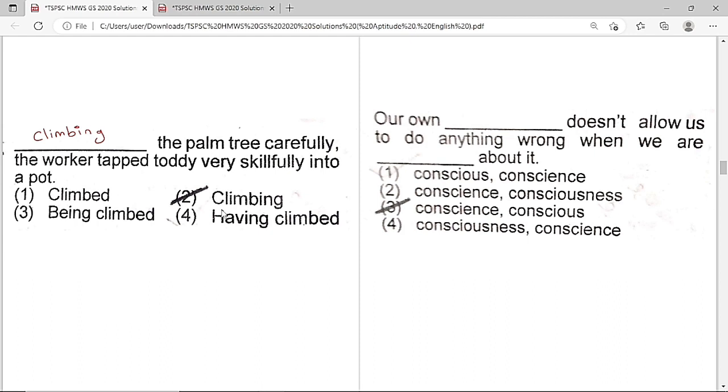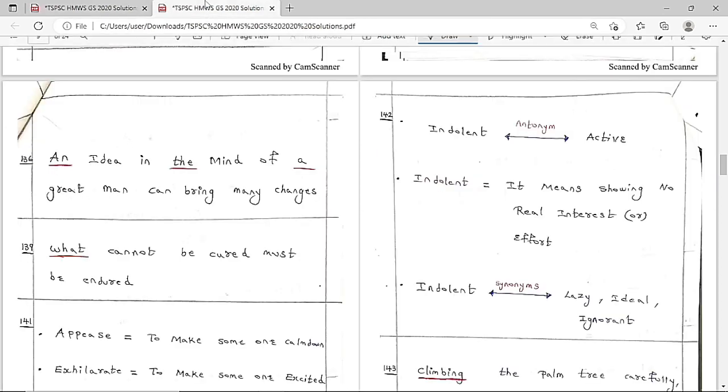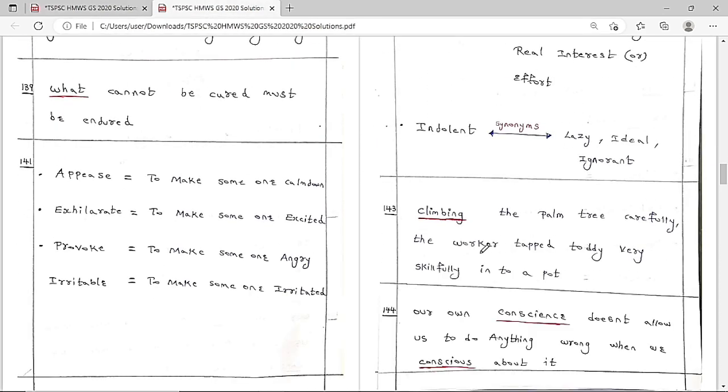Now we'll discuss something more about this one. Climbing the palm tree carefully, the worker tapped toddy very carefully and skillfully into a pot.